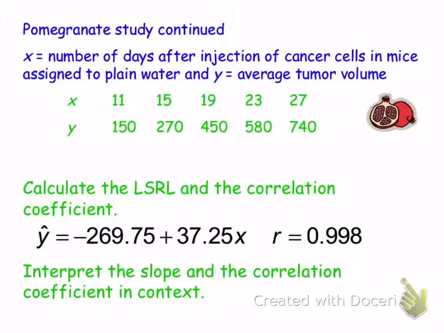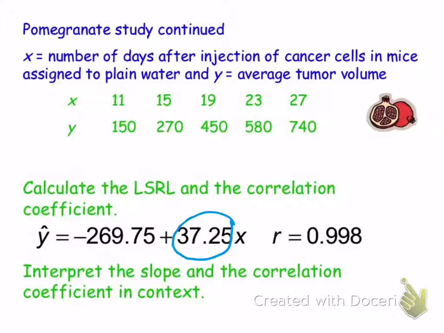So if I were to interpret this slope, my slope is which number? B, which is 37.25. So if you look at the script on page 99, I would say what? So for every increase of 1 unit, what are my units for X? No, for X. Like what am I measuring X in? Days.